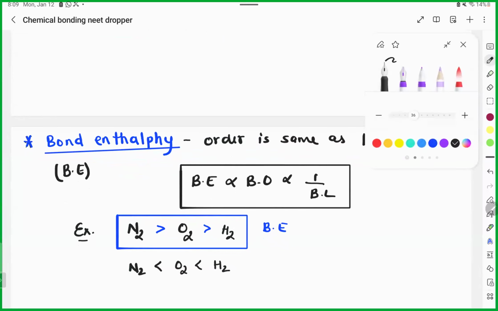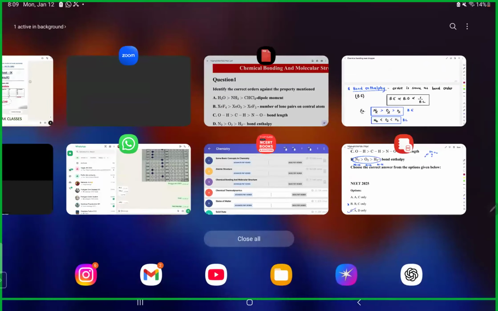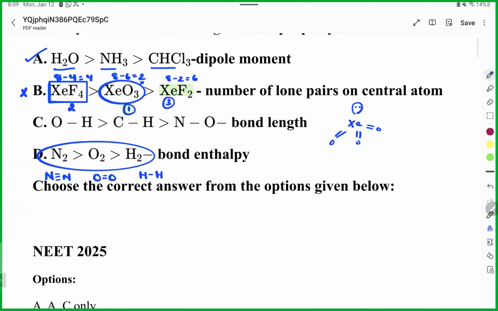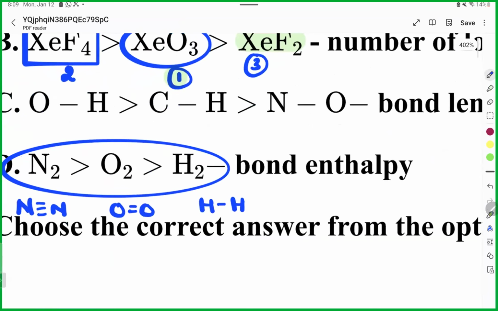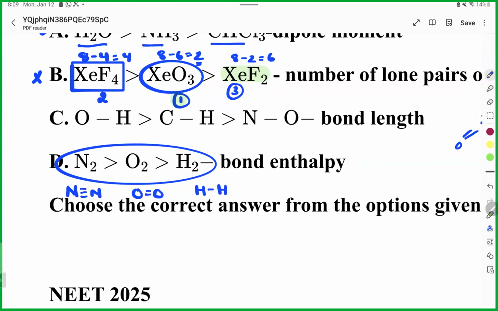Bond length. Any doubt? No, sir. So bond order is inversely proportional to bond length. But as I always mention, we have to always take care of this also. We know this is definitely wrong. But why and how?